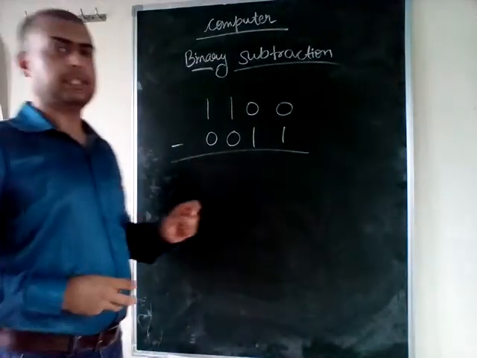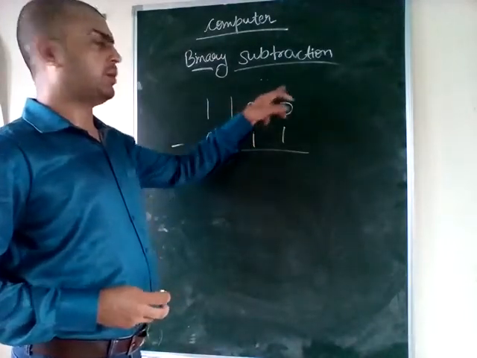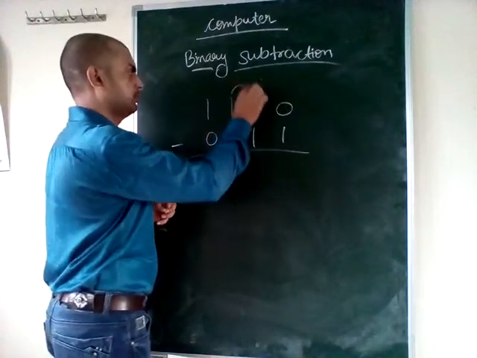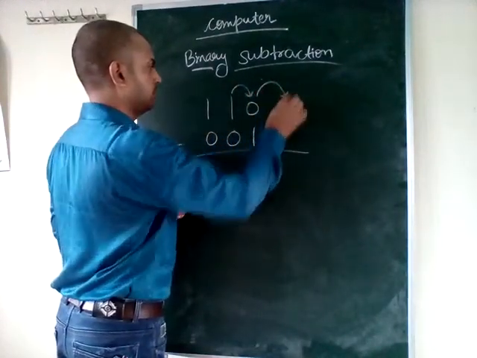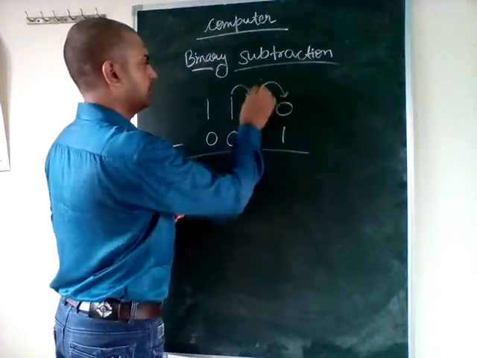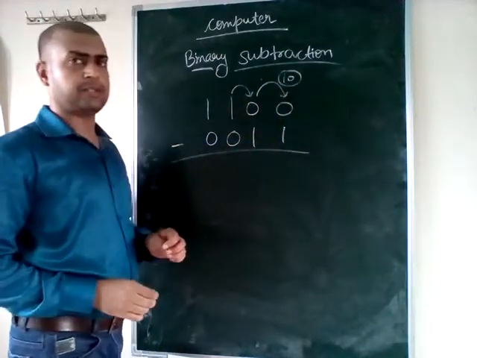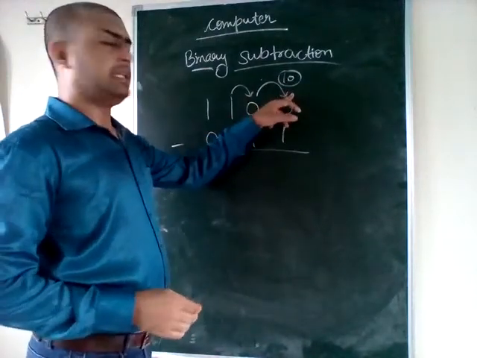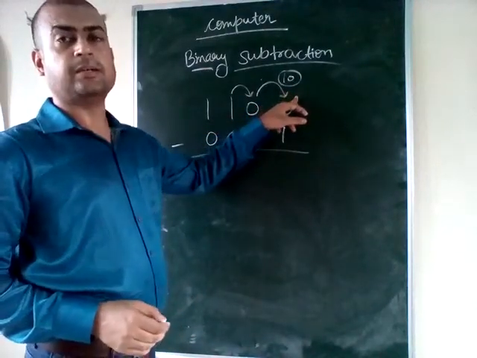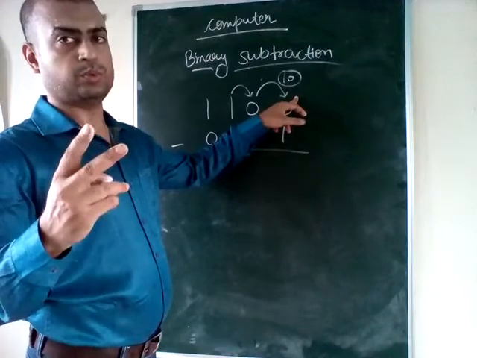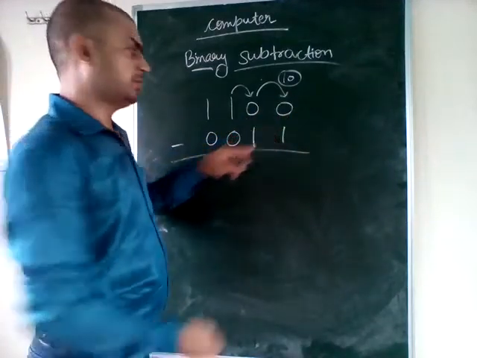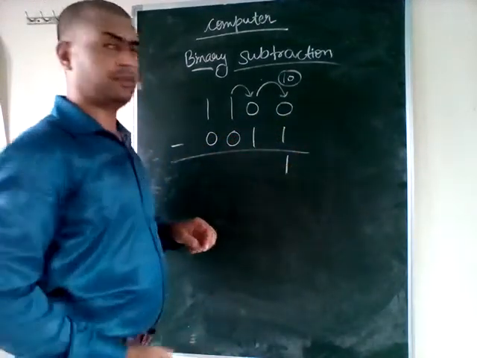Now in this question we can see, if we borrow the number, then 10 will come here. 10 is the binary representation of 2. 2 minus 1, 1.